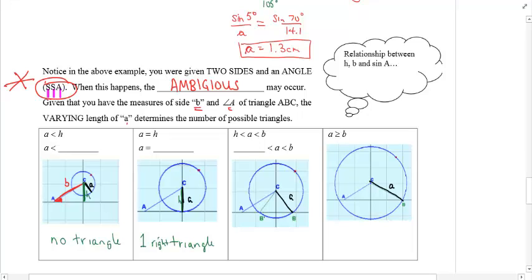Here's the interesting case. Notice here I'm saying the length of A is bigger than the height. So once again, it's bigger than the height. And can you see that circle? That's kind of like a radius, so that A value is longer than H. But notice also that this A value is not more than the length of B. And in this particular example, this is where you get your two triangles, or the ambiguous case.